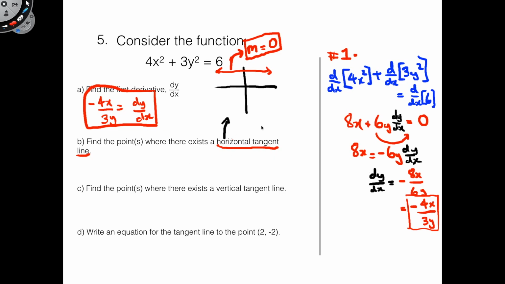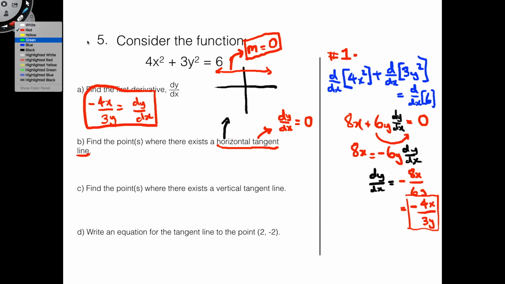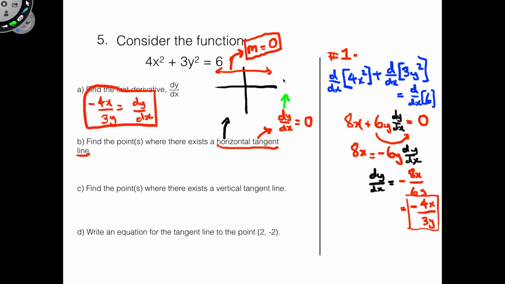So therefore, the point where a horizontal tangent line exists is going to be the point where our derivative equals 0. And remember, the derivative is synonymous with the slope of the tangent line.